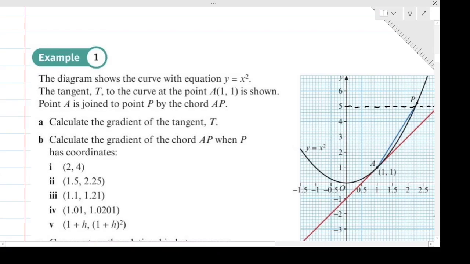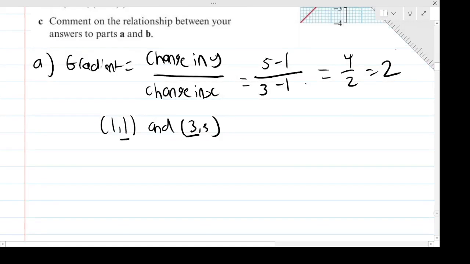Right, now for part B, we need to calculate the gradient of the chord AP. So again, this blue line, where P has coordinates, firstly, (2, 4). Well, we don't actually need the graph really at this point, because to calculate the gradient of the chord AP, we just need to take the point A. What was A?